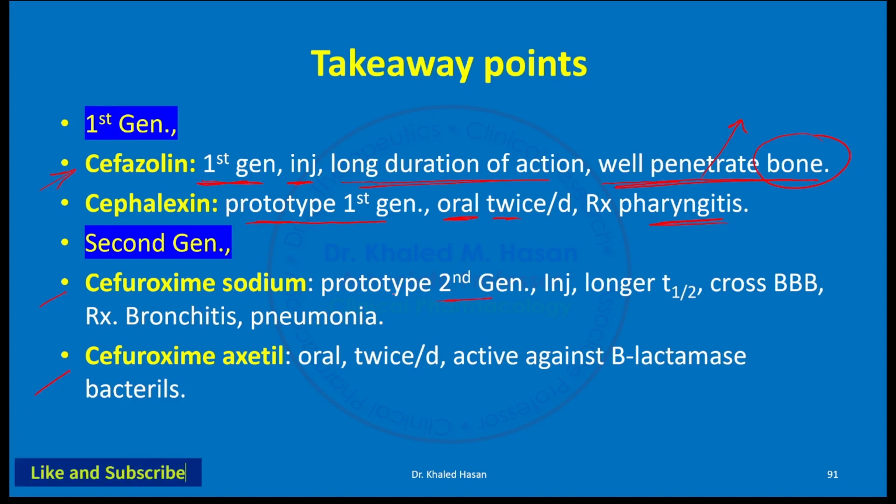Second generation cefuroxime sodium is an injectable medication with a long half-life, crosses the blood-brain barrier, and could be used for bronchitis and pneumonia. On the other hand, we have cefuroxime axetil. This medication is prescribed orally twice daily, and it's active against gram-negative bacteria that produce the beta-lactamase enzyme.